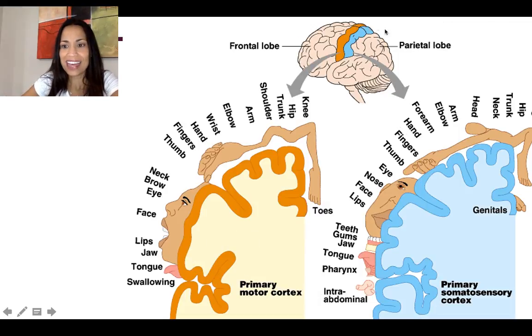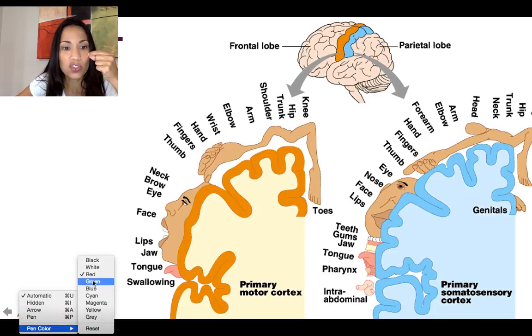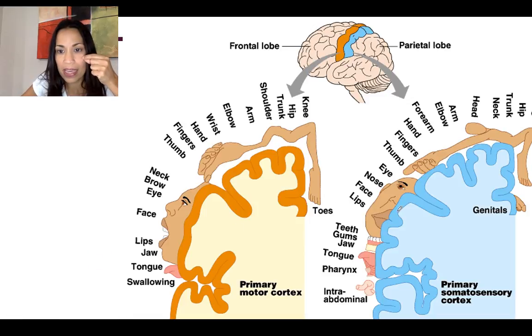So this means that, for example, the primary somatosensory cortex receives the sensations. If I have a mosquito right here biting me on my cheek, that information will arrive precisely to this area in the somatosensory cortex, right here in the postcentral gyrus of the parietal lobe.